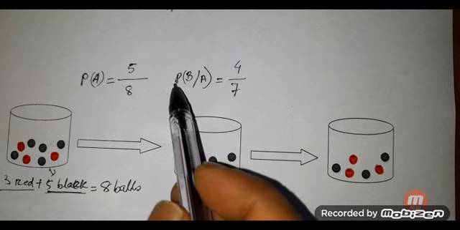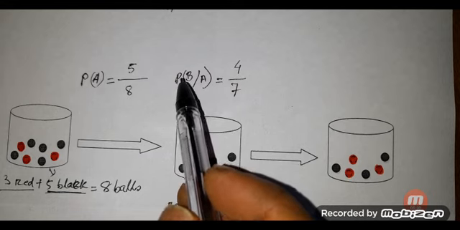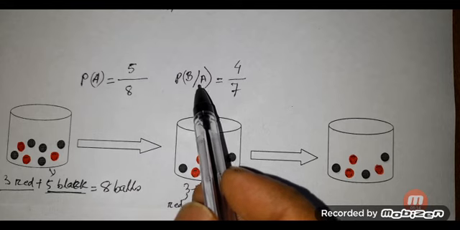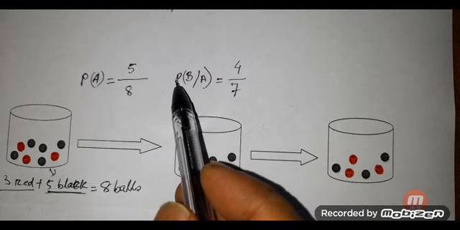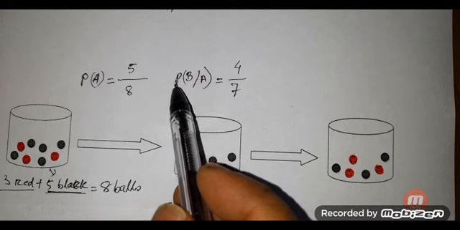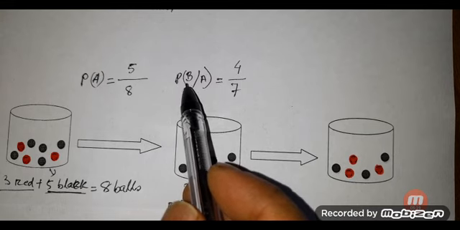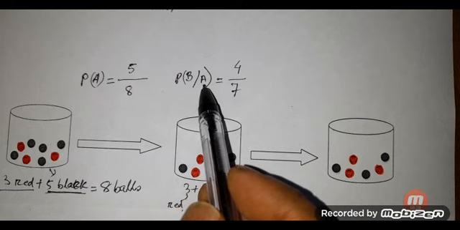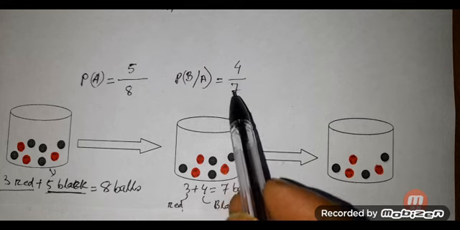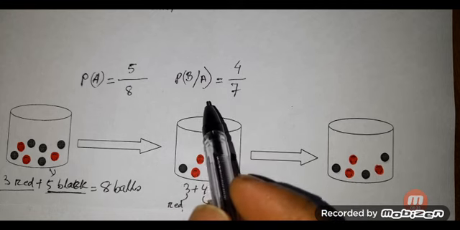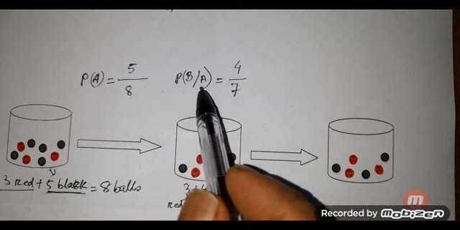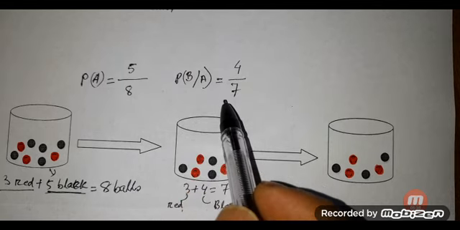So this is called the conditional probability of B given that A already has occurred, and that is equal to 4 by 7.